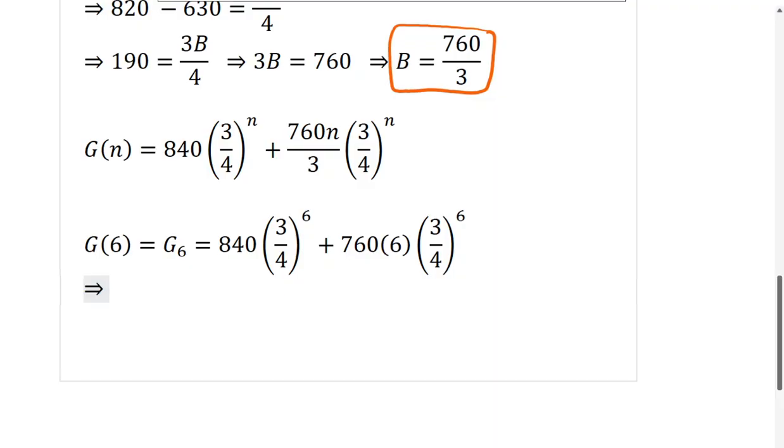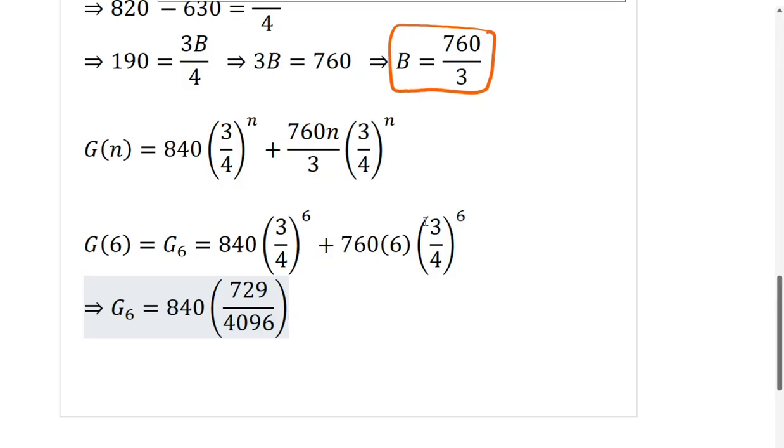So this means that G6 equals 840 by, now what's 3/4 to the power 6? 3/4, and then that's to the power of 6 is 729/4096.